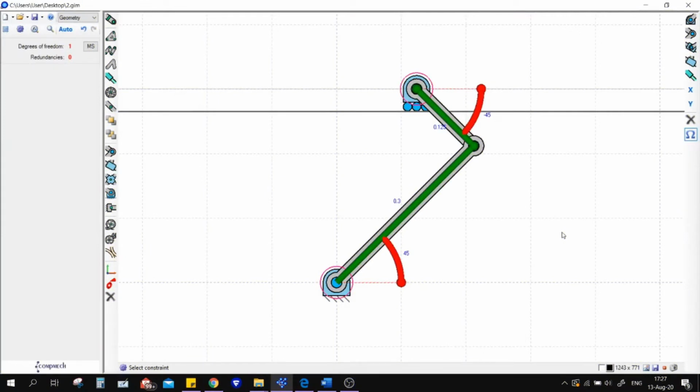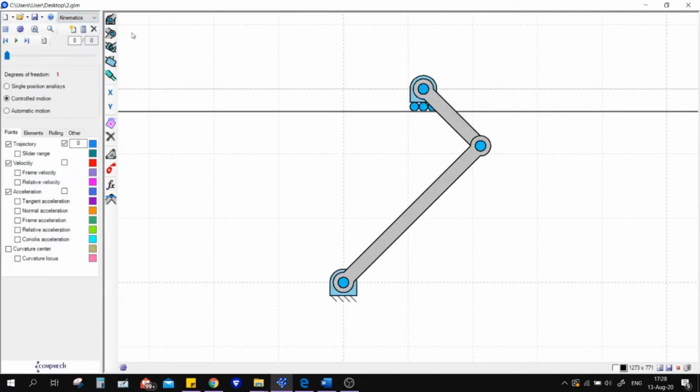FB18006. First of all, using the Gym software, we design the drawing as shown with three points, A, B, and C. AB has a length of 300 mm and BC has a length of 125 mm, both at a 45-degree angle with the horizontal plane. Then we go to the simulation part.